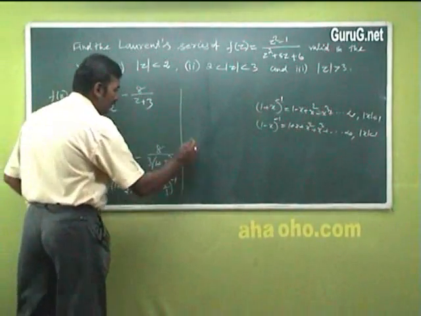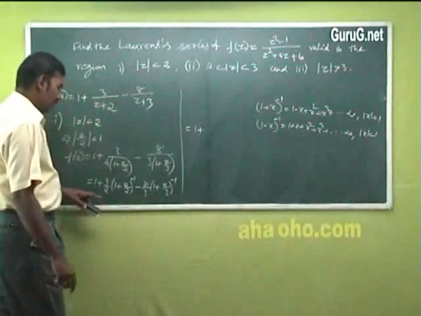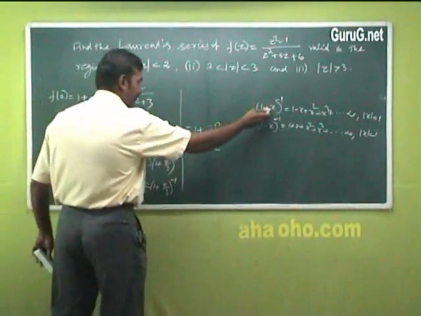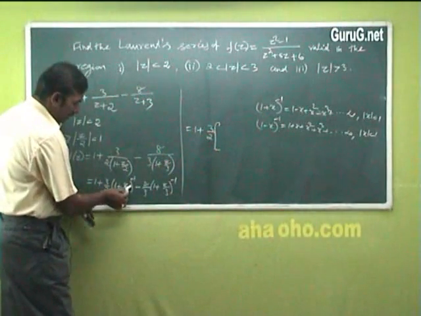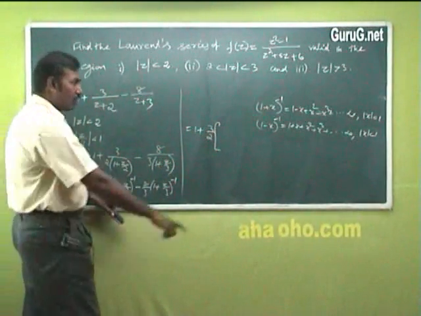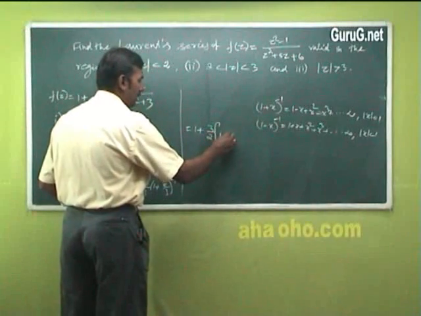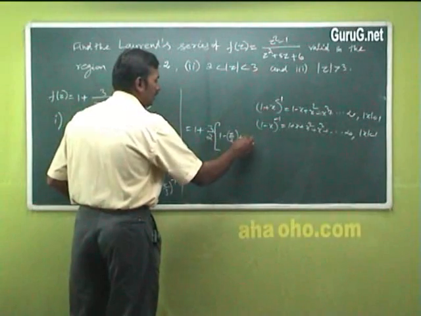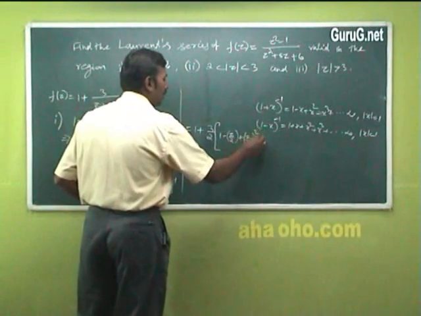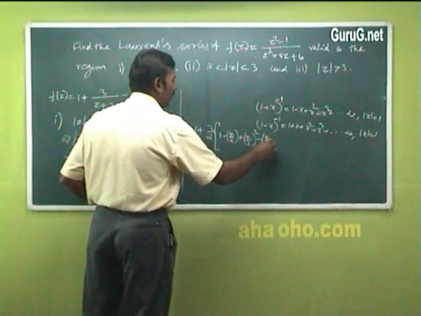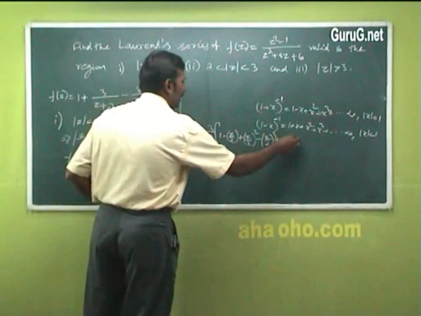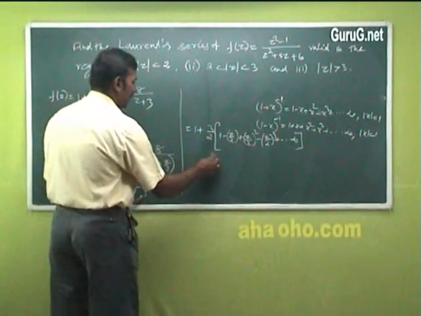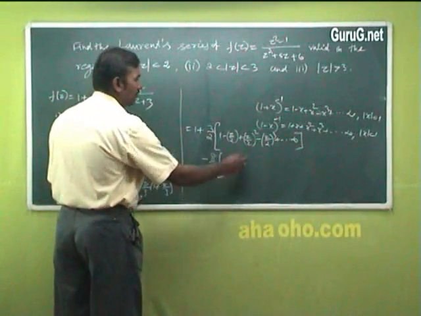So we can expand this. So 1 plus 3 by 2 into, you can apply this formula. So 1 plus, instead of x, here is z by 2, okay? We apply this formula, I will get 1 minus z by 2 plus z by 2 the whole square minus z by 2 the whole cube plus etc. to infinity, minus 8 by 3 into, and apply the same formula.